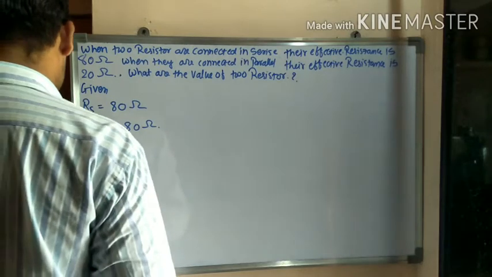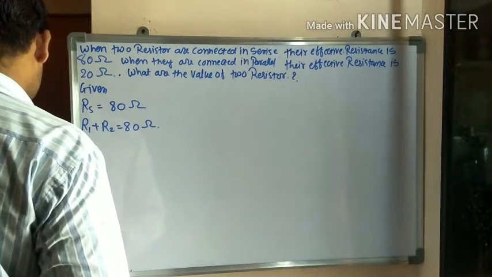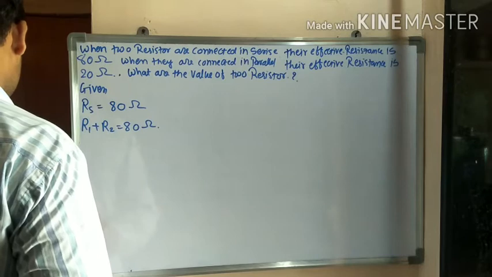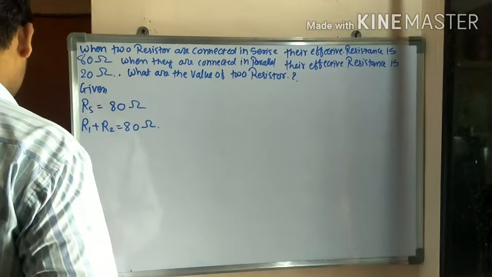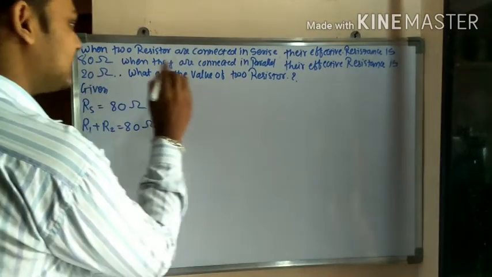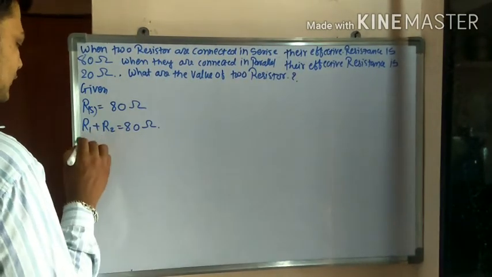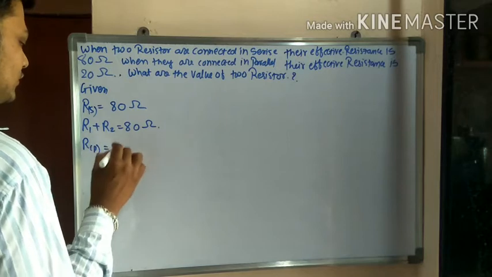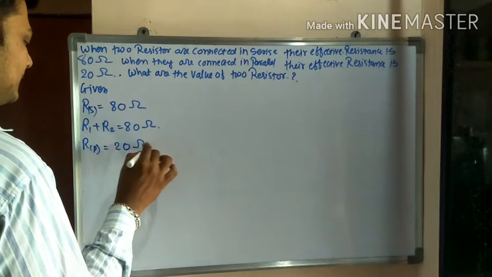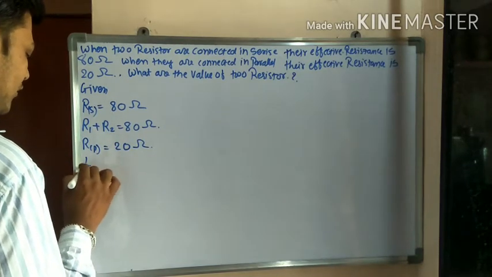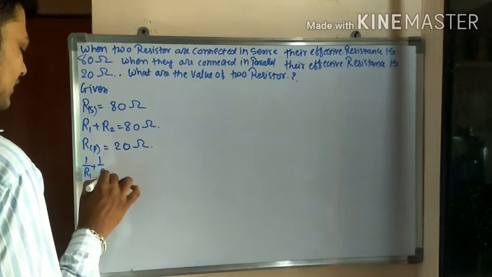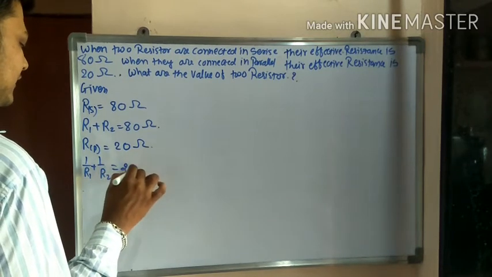Secondly, when they are connected in parallel, RP is equal to 20 ohm. RP means 1 upon R1 plus 1 upon R2 is equal to 1 upon 20.